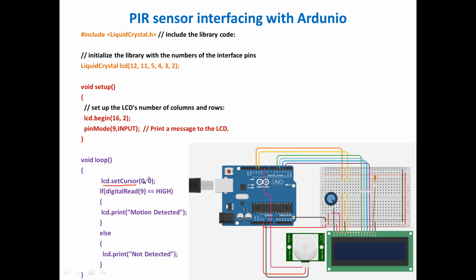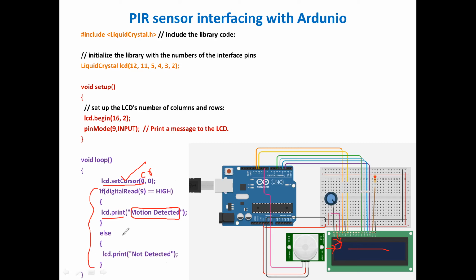Always you can start by setting the cursor to the 0,0 position, that is the 0th column and 0th row, the first position. Then you can have your conditions. By using lcd.print, whatever text is inside the double quotes will be displayed on the display. If you keep a variable, the text inside the variable will be displayed.